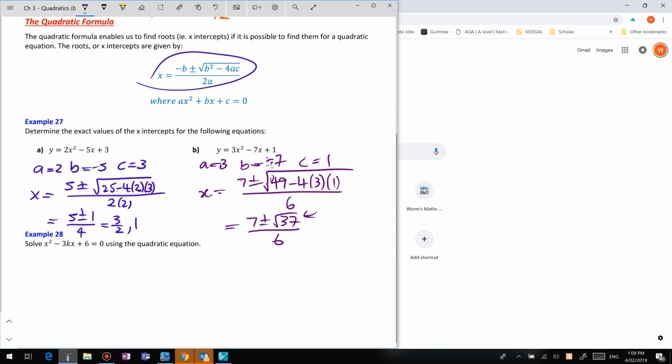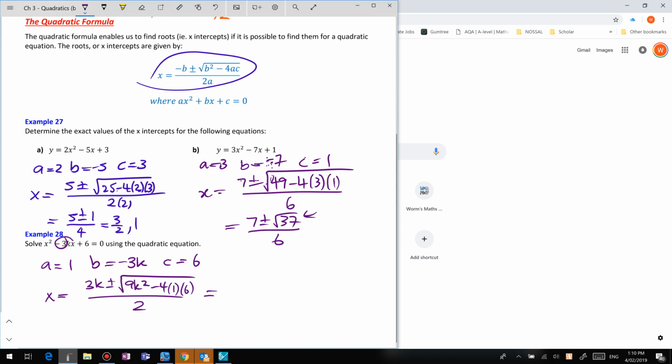Okay, this one here, all we've got to do, a is 1, b is negative 3k, c is, because we've got to take the coefficient, c is 6, x is negative b, so 3k, plus or minus the square root of b squared, 9k squared, minus 4 times a, which is 1, times c, which is 6, all on 2a, which is just 2.